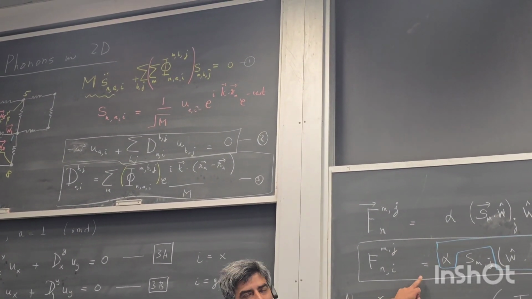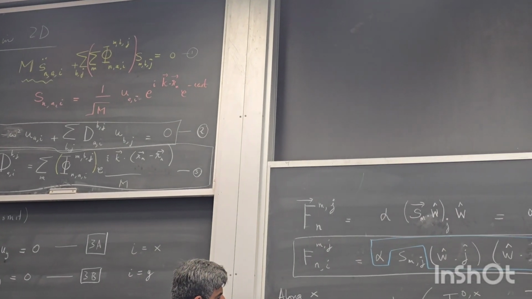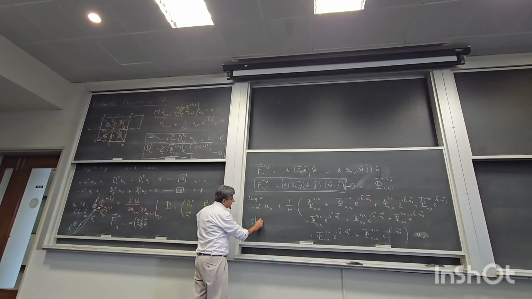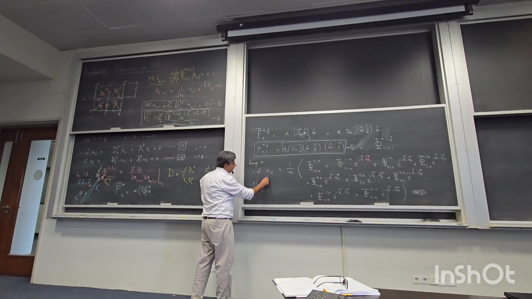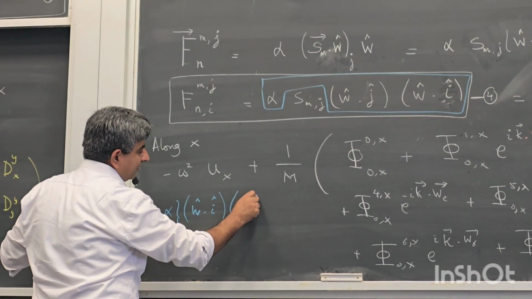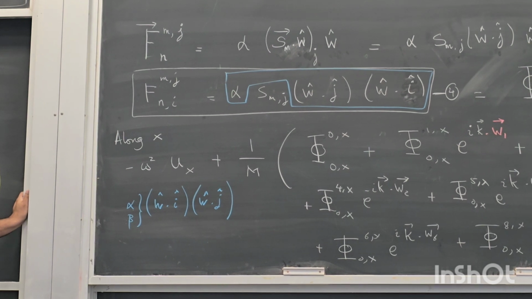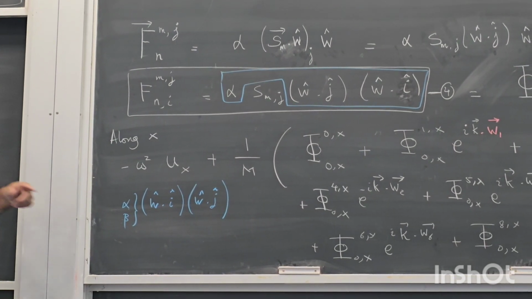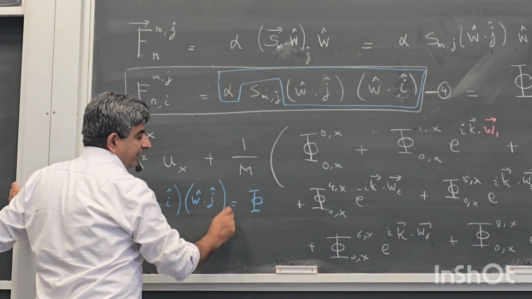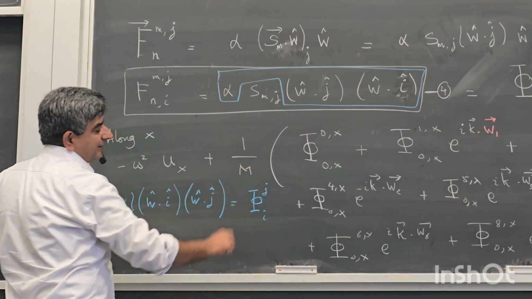Equation number 4 compared with equation number 1, the term that I've written in blue, which is some force constant alpha or beta, W unit vector along I, W unit vector along J. This thing is the alpha, this thing is the phi ij, correct?